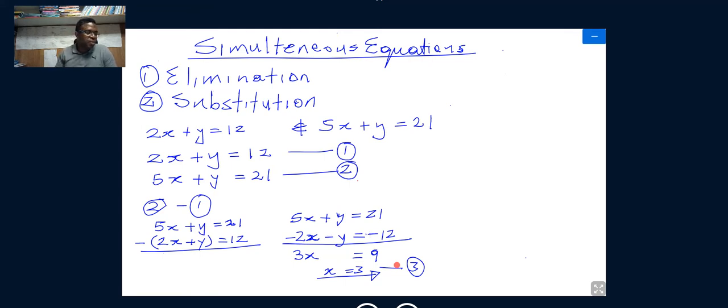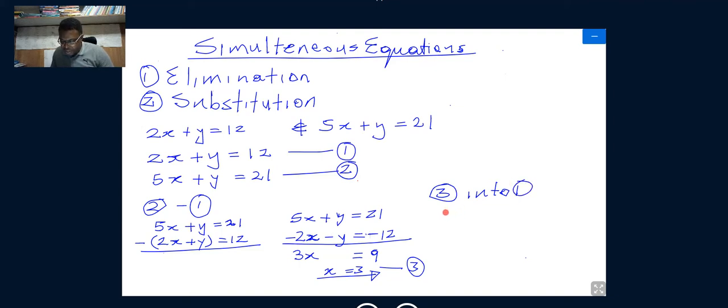Let's take equation 1, it looks simple, it just has small numbers. So we substitute 3 into equation 1.